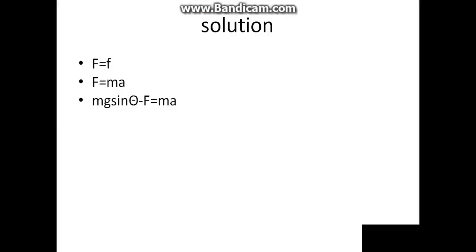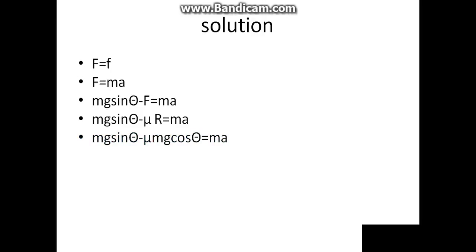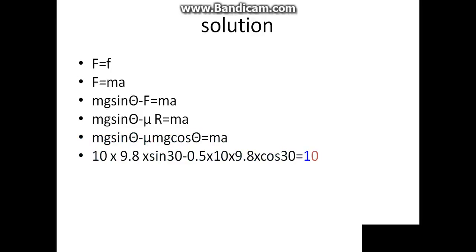Friction times normal reaction is equal to ma. If we substitute the limiting frictional force with mu R, since the normal reaction on an inclined plane is R, we have mg sin theta minus mu mg cos theta is equal to ma.